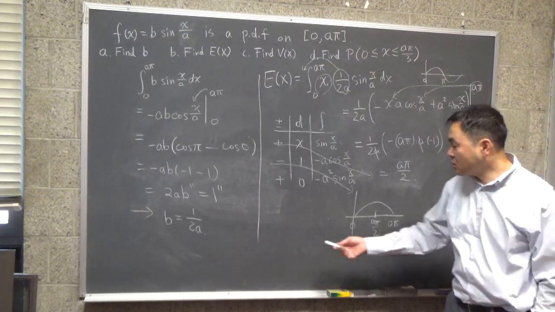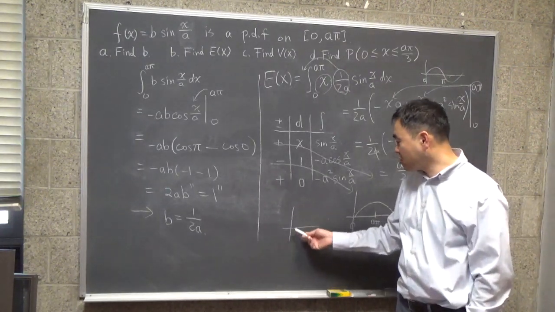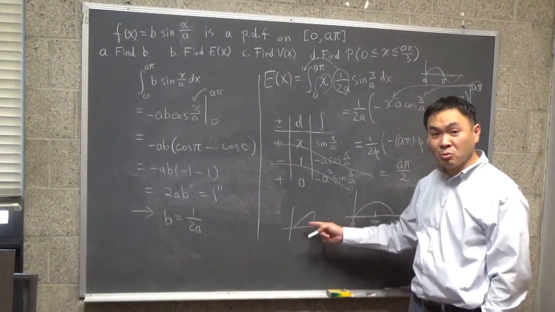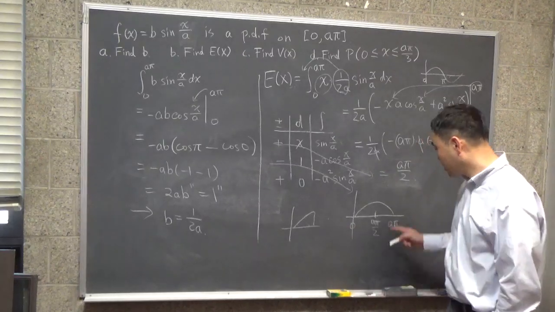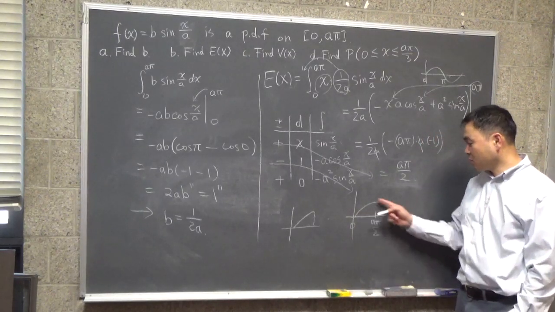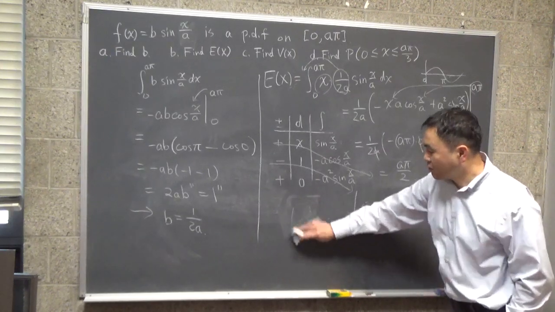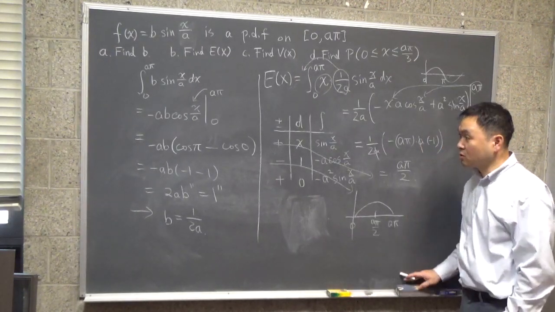Okay? If the probability distribution function doesn't look symmetric, if it was something like this, then you would know that the average would be more tilted to the right. But in our case, it's perfectly symmetric, so a pi over 2 is the answer. That's another way to verify that you've done the calculation correctly.